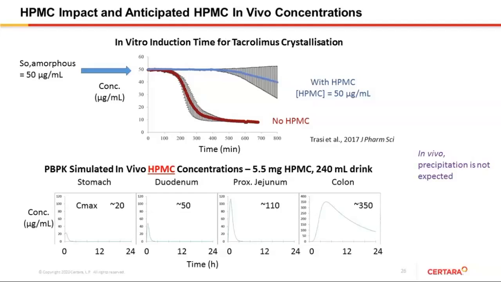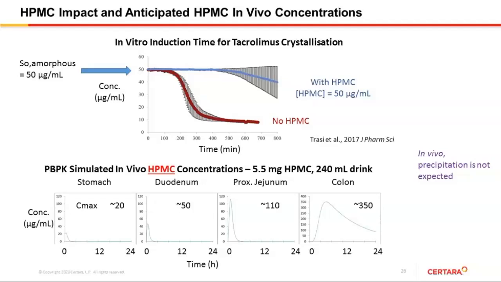To back this up a little, we ran some simulations using the dose of HPMC with the PBPK simulator. So we did a standard Simcyp simulation with 5.5 milligrams of HPMC, and then looked at the time concentration profiles within the fluids of the GI tract. And you can see here that the concentrations remain high throughout the passage through the GI tract.